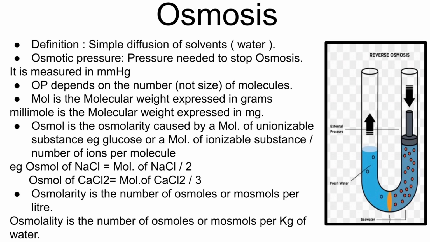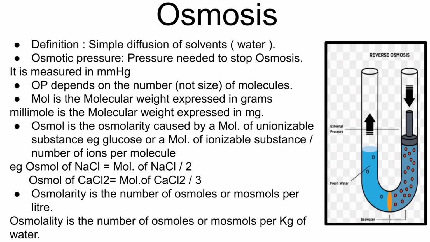Note: in practice we use osmolarity. This is because measuring a liter of water is much easier than measuring a kilogram of water. However, because kilogram weight is not affected by external temperature like a liter is, osmolality is more accurate. However, with it being more difficult, it is not used in practice.